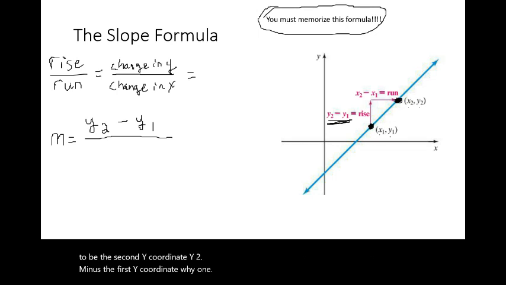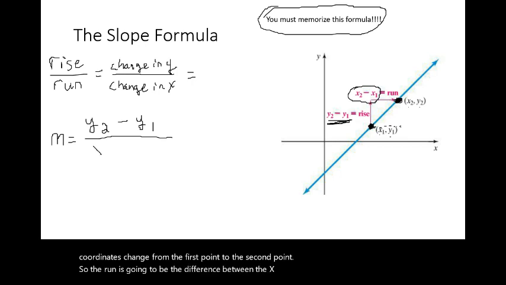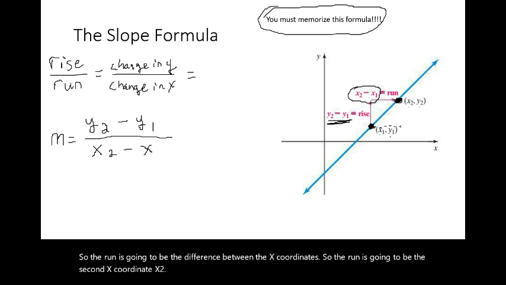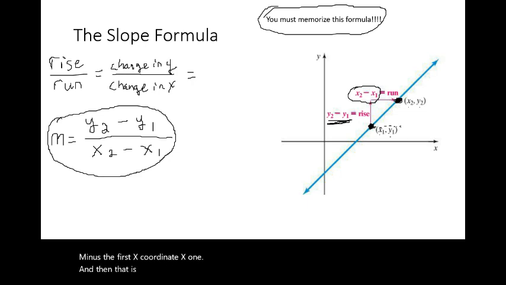And then divided by the run, which can be thought of as the change in x's. How much did the x-coordinates change from the first point to the second point? So the run is going to be the second x-coordinate, x2, minus the first x-coordinate, x1. And then that is the slope formula, and you do need to know it.